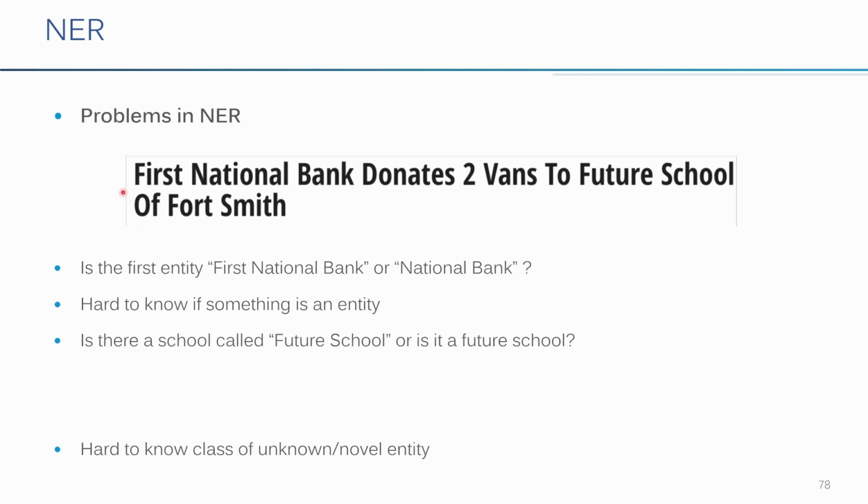And this is because we're still using a high resource language such as English. Now imagine transferring this to a low resource language in which we actually don't know what is a given entity. So this can be a little bit tricky. Also, in this same news, we don't know if the school is the so-called Future School or we're talking about a future school that is still about to exist.